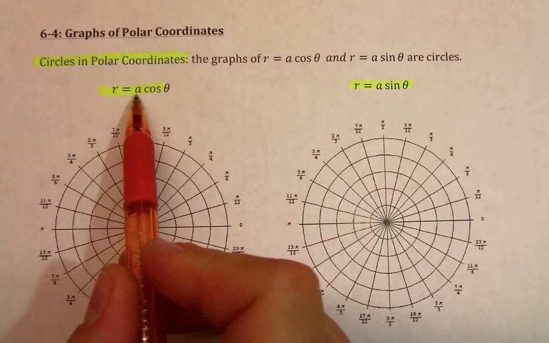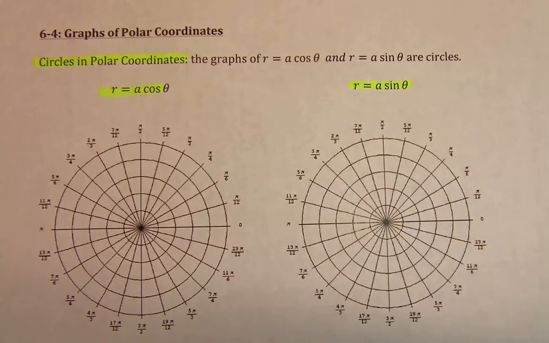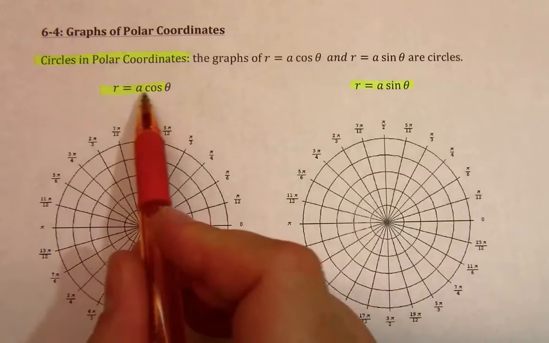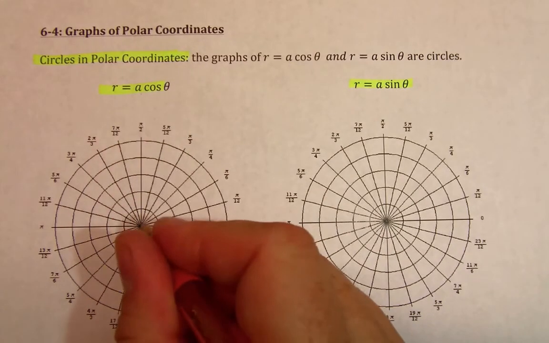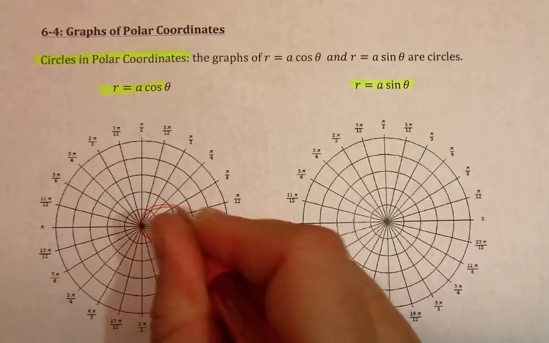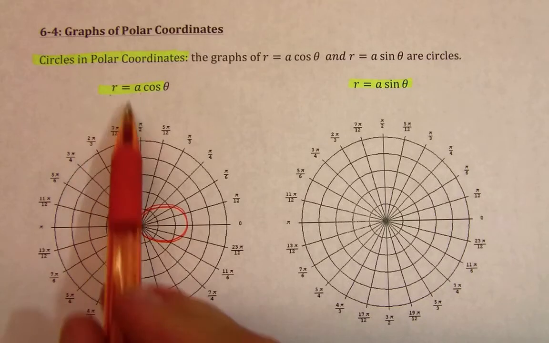So r equals a cosine theta, r equals a sine theta. Both give us circles, but they give us circles in different locations. If you have r equals just some constant times cosine theta, your circle is going to be on the side here. Now, if a is positive, it's on the right.